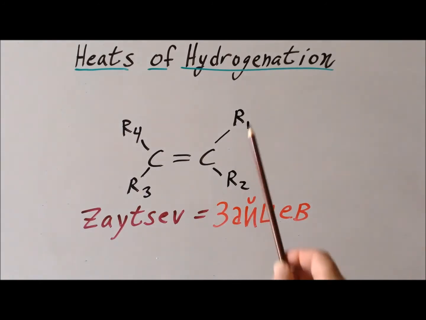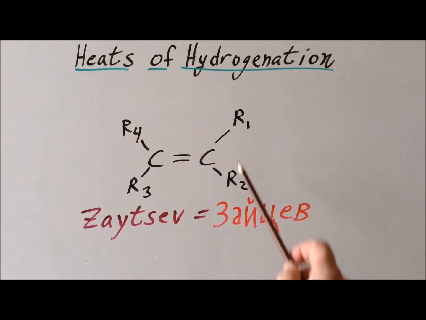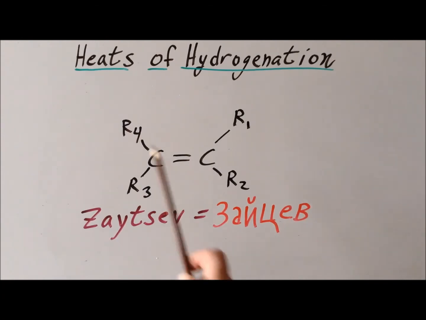What we do is we count how many of the R groups, R1 through R4, have carbon in them. So if R1, R2, R3, and R4 are only hydrogens, that means that none of the R groups have carbon. So therefore, the number of alkyl R groups that we have here is 0. That would correspond to ethylene, ethene in IUPAC nomenclature, and that would be the lowest stability.